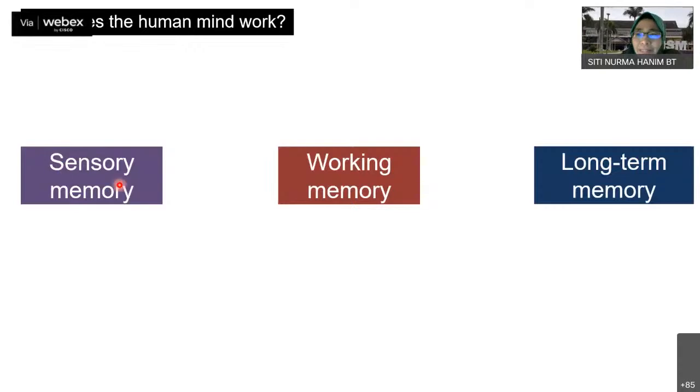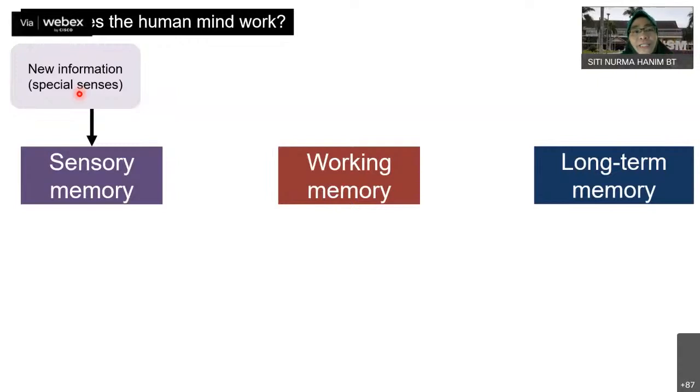So what does the sensory memory do? Okay, sensory memory will receive new information. Information means visual information, auditory information. If you taste something, you eat something, that is taste information. If you touch something, that is kinesthetic information. All this information will go to the sensory memory in your brain.